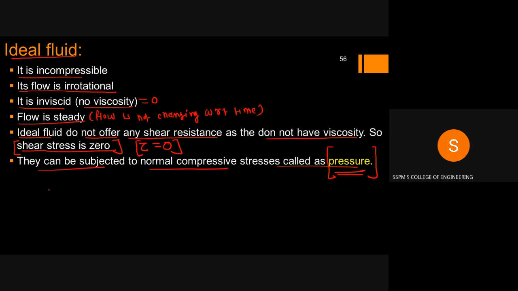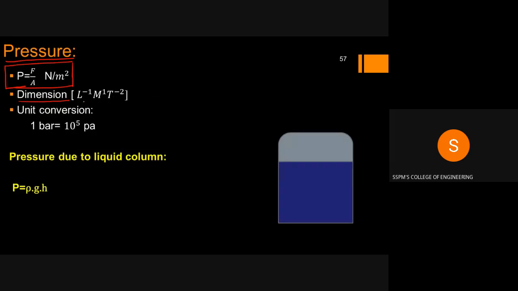Next is pressure. Pressure is nothing but force per unit area, and its SI unit is Newton per meter square. The dimension of pressure is L^-1 M^1 T^-2. For pressure, we can use the unit bar or the Pascal.